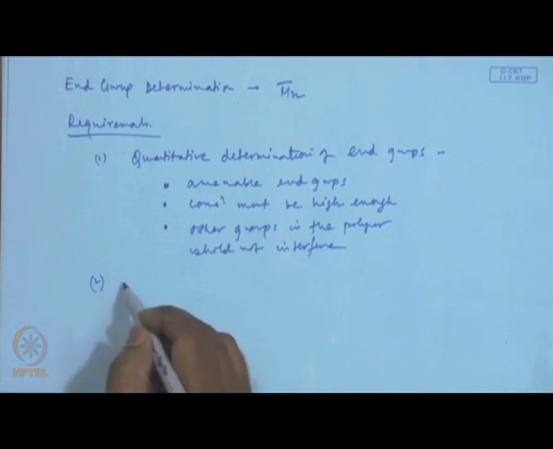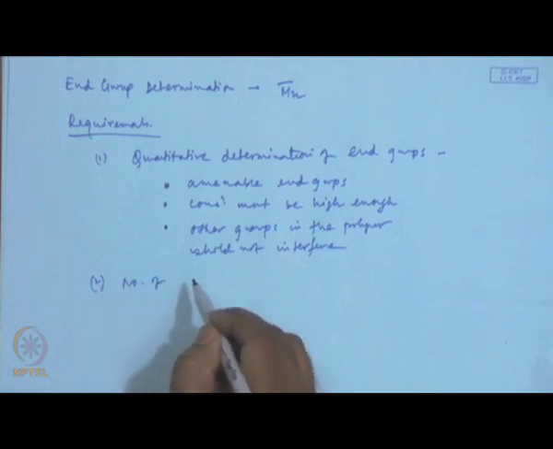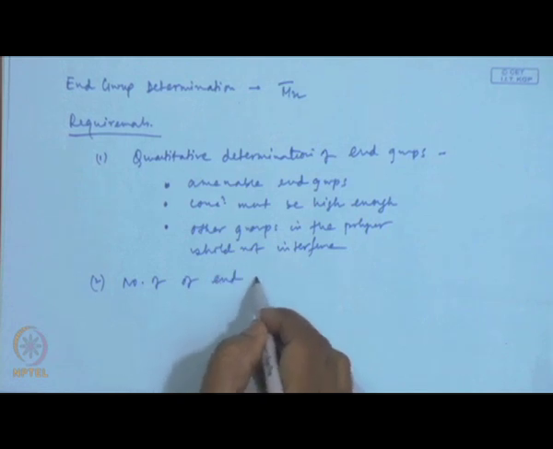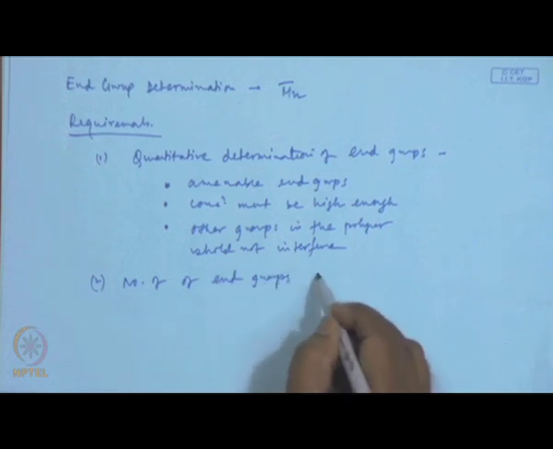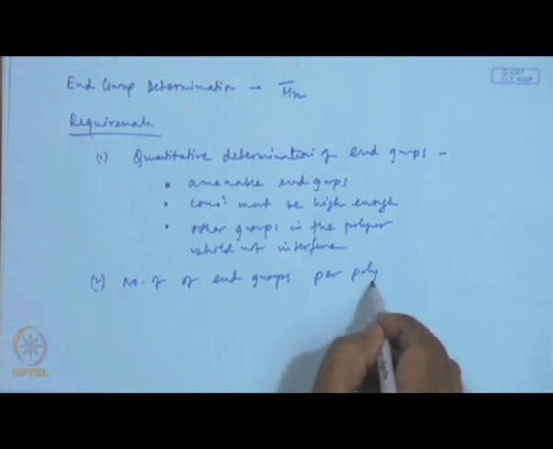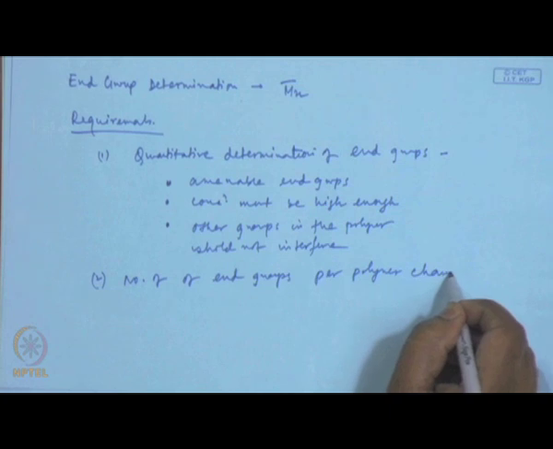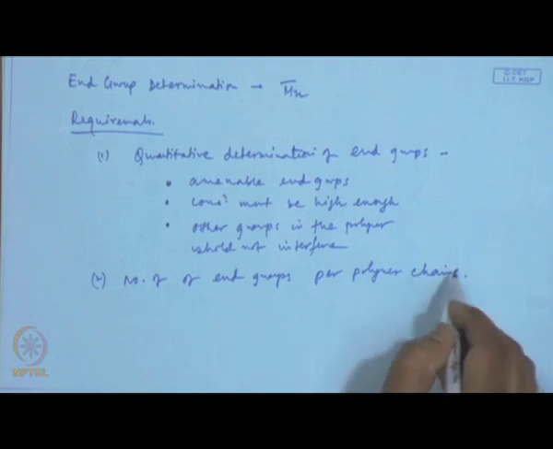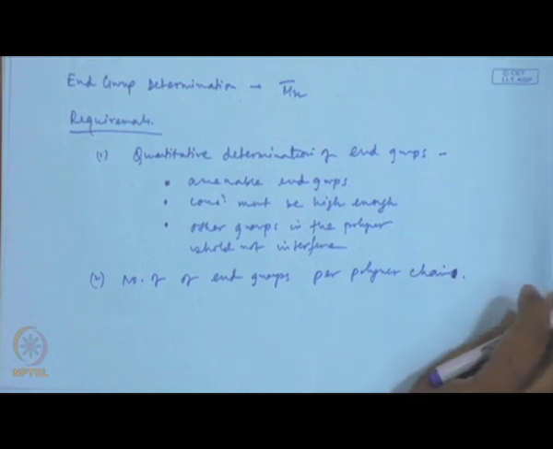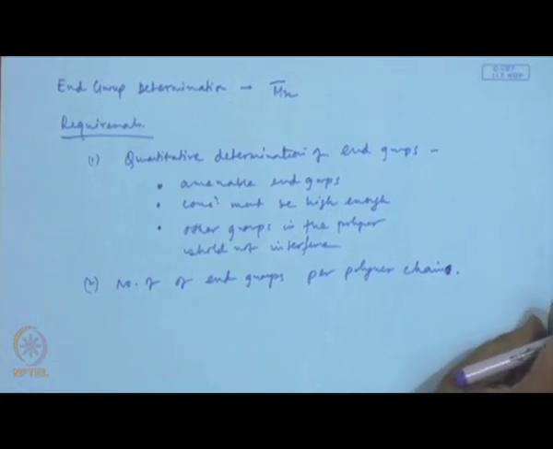Secondly, we must know the number of end groups per polymer chain.